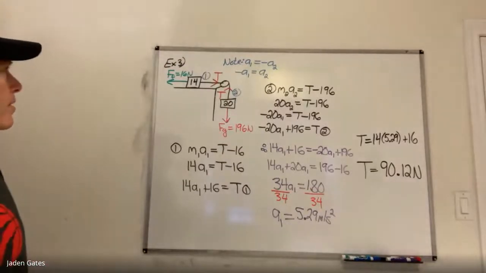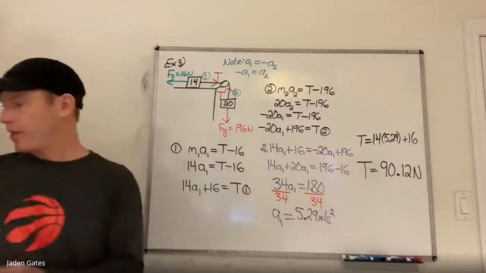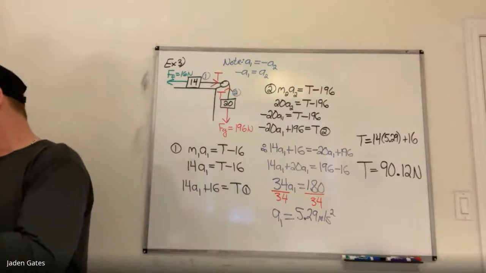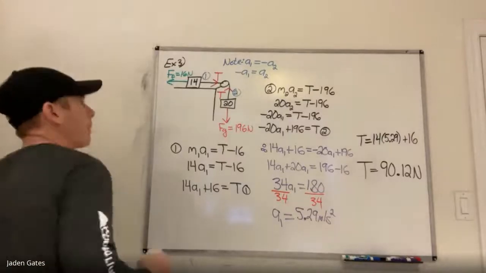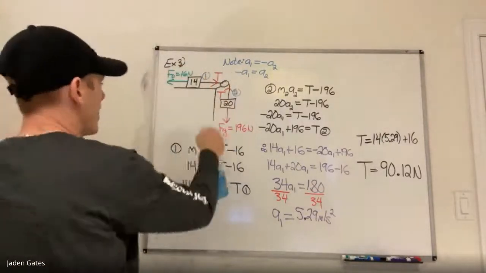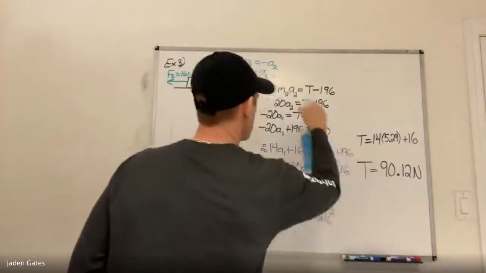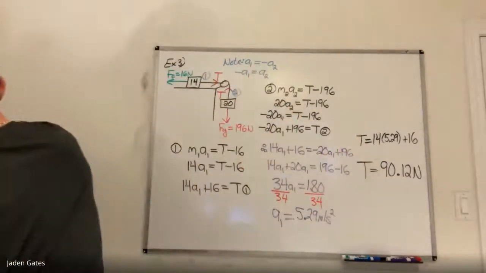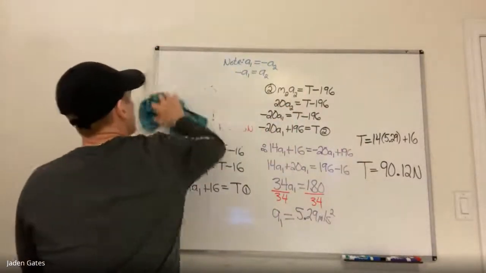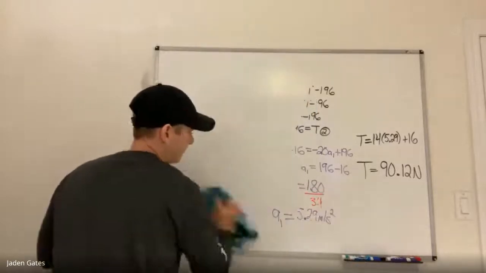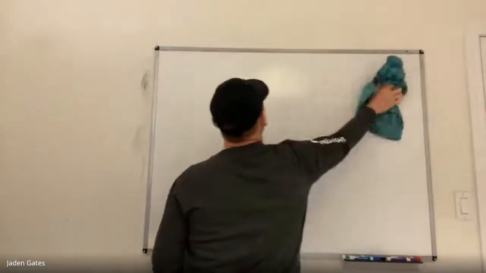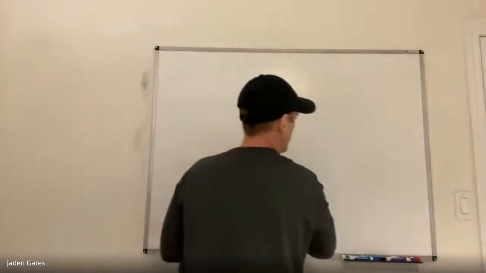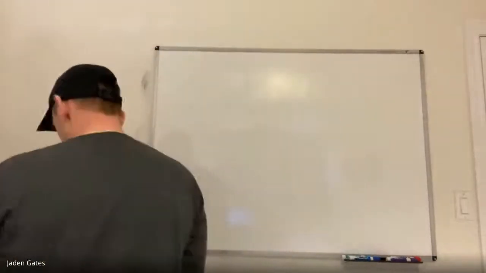All right. Last one, we'll go with an angle this time. So we'll look at example 4, where we have the same idea, just now one's on a slope. So we have example 4.